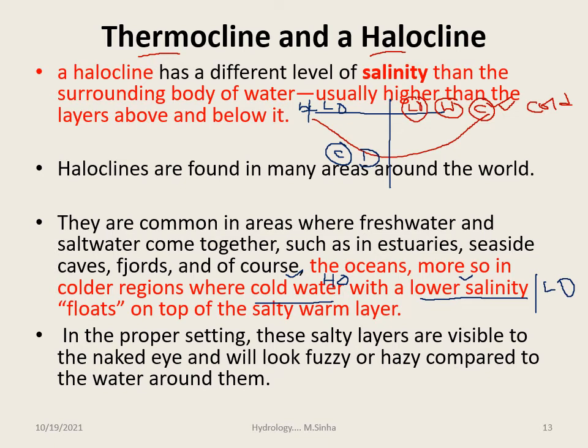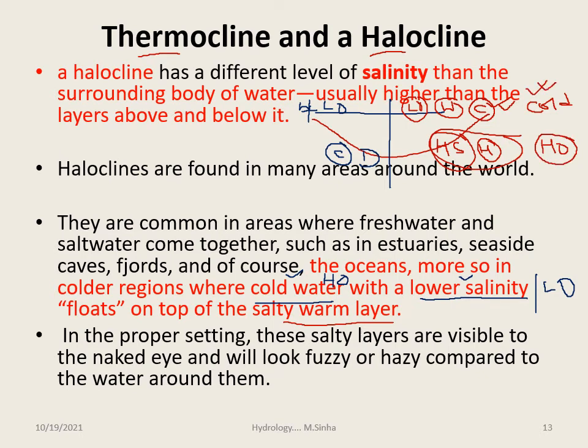And the warm layer has high salinity and comparatively high temperature. Normally high temperature is associated with lesser density, but high temperature together with high salinity is ultimately responsible for higher density. So in that case a reversal situation is observed.